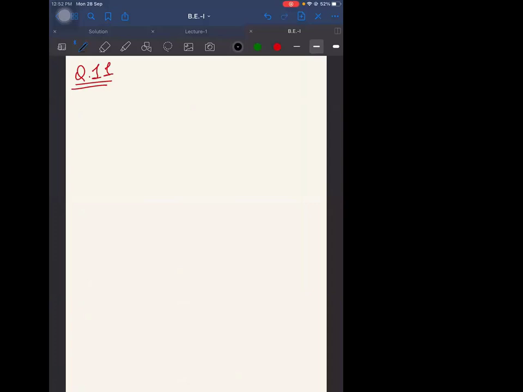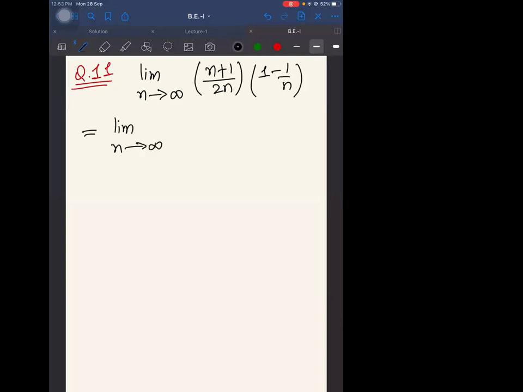Okay. So the question is, we want to evaluate this limit: (n plus 1) by 2n, times (1 minus 1 by n). You simply write it as limit n tends to infinity of (1 by 2 plus 1 by n), times 2n by 2, and 1 minus 1 by n.